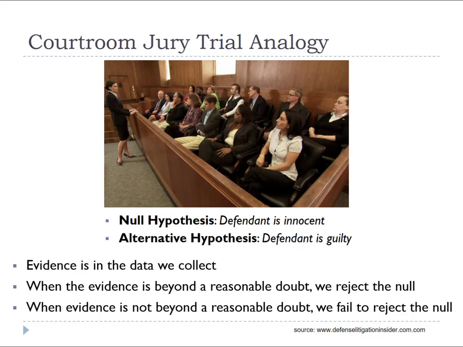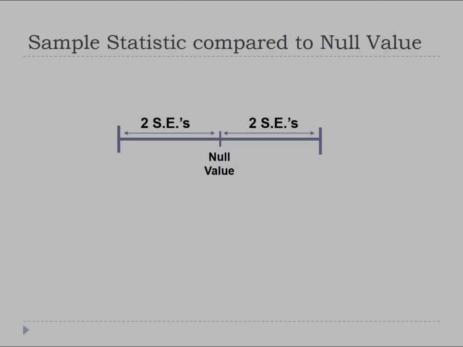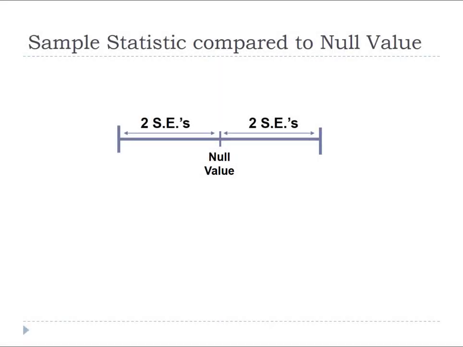Due to sampling variation, our sample statistic may deviate somewhat from the null value for the population parameter, and the null hypothesis could still be true. However, at some point, when the sample statistic deviates so far from the null value, we have to question the assumption that the null value is correct and decide whether or not to reject it.